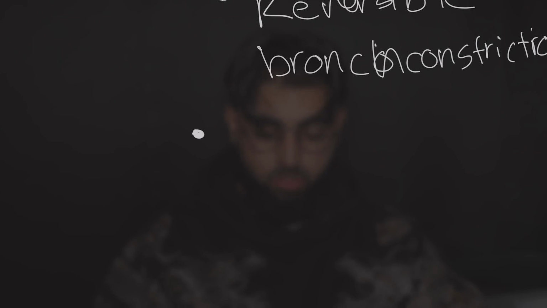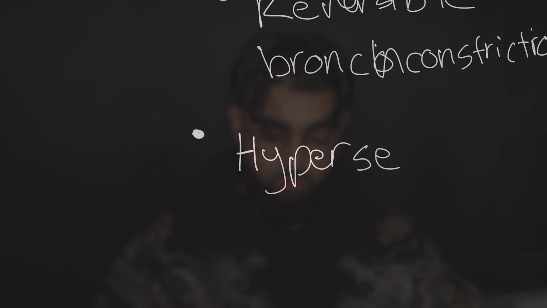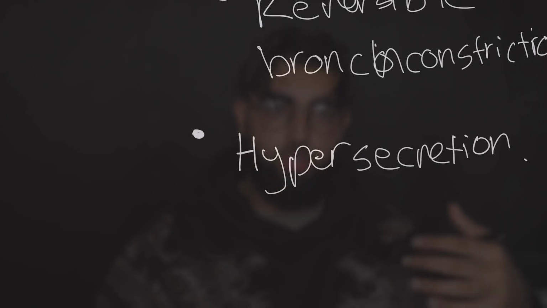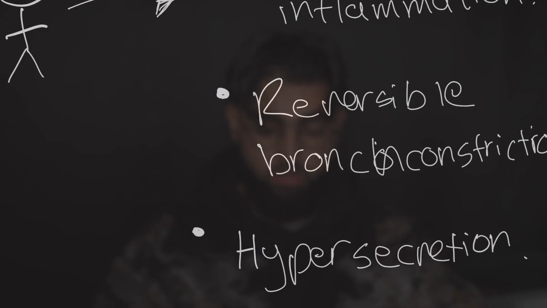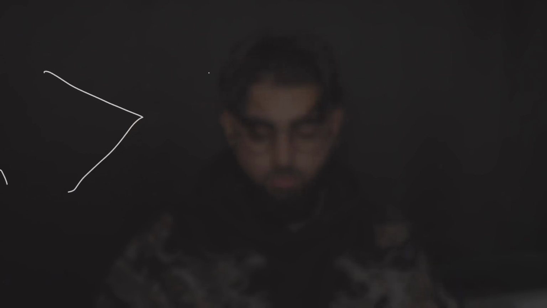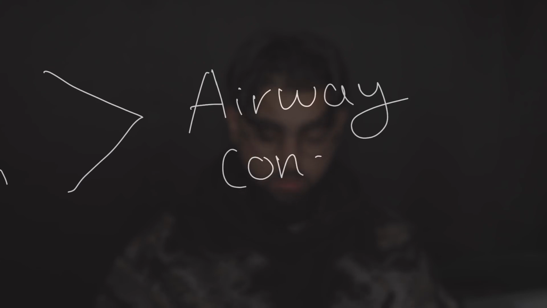And the final thing that we can break down is something called hypersecretion. Hypersecretion of what exactly? Hypersecretion of mucus within the airways of the lungs. All three of these contribute essentially to airway constriction.